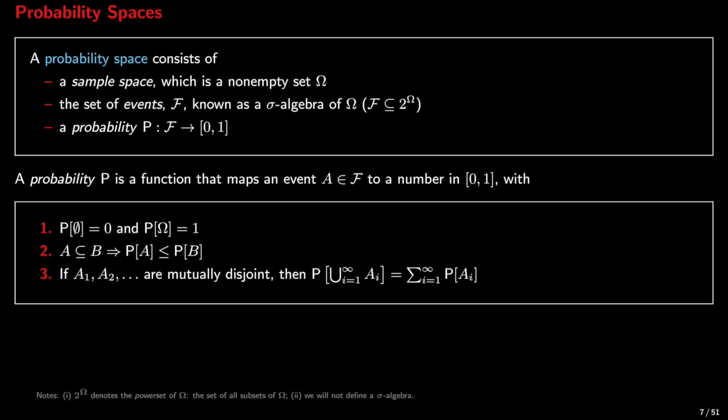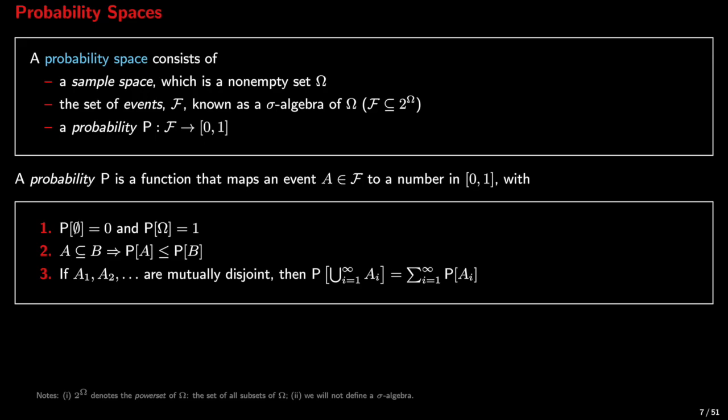The first one is that the probability of nothing happening is 0, and that the probability of anything happening is 1. So the probability of not having any temperature tomorrow, if that makes sense, is 0. This is unlikely. And the probability of having a temperature between 273 and 100 Celsius is apparently 1, or 100%.